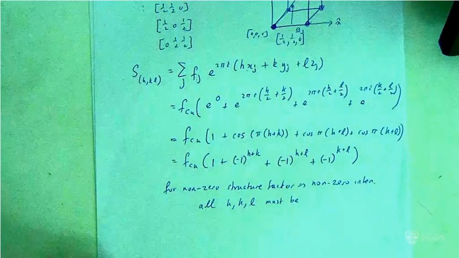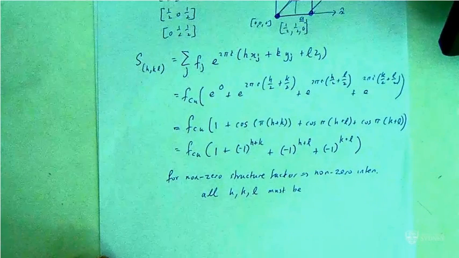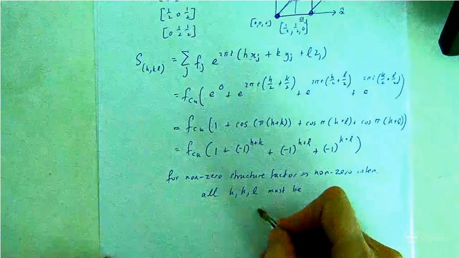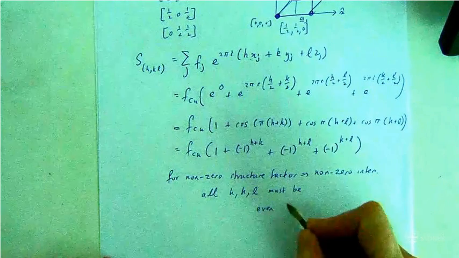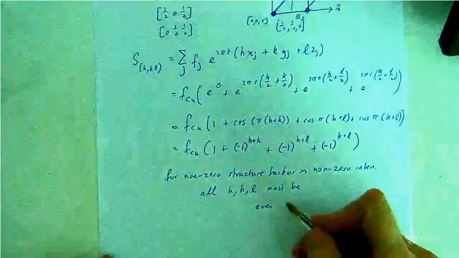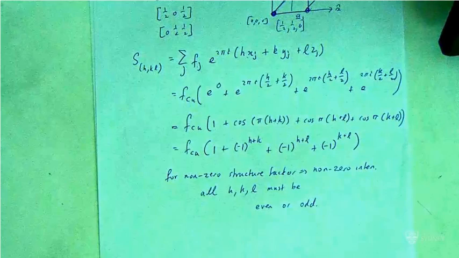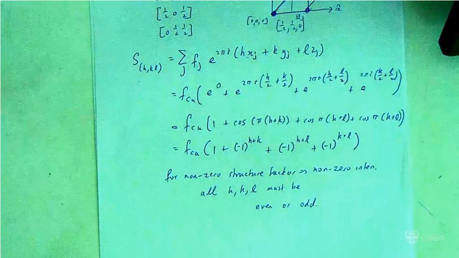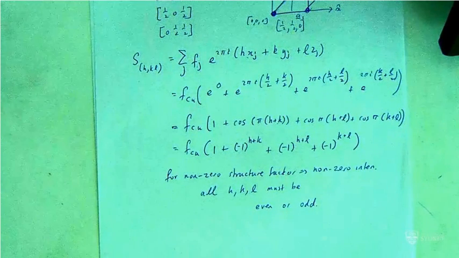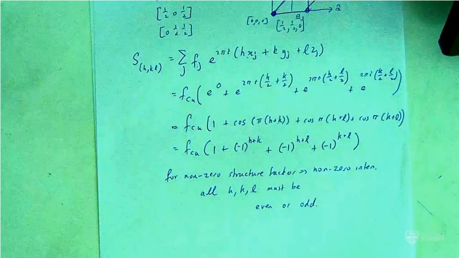They must all be even, or odd. So if they're even, this will go to 1, 1, and 1. We'll get 1 plus 1 plus 1 plus 1. We'll get 4.